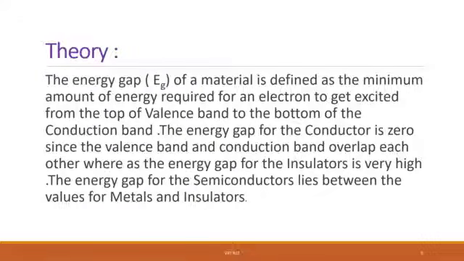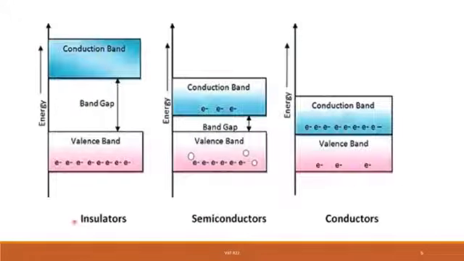Theory: the energy gap of a material is defined as the minimum amount of energy required for an electron to get excited from the top of the valency band to the bottom of the conduction band. Solids are classified into insulators, semiconductors, conductors.